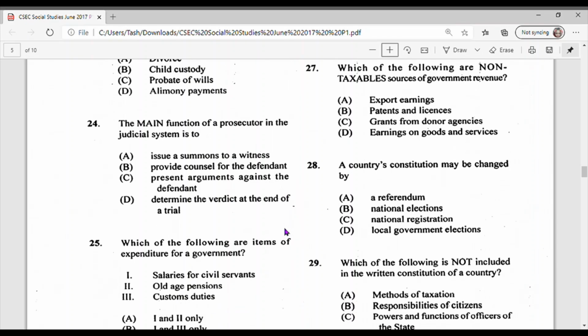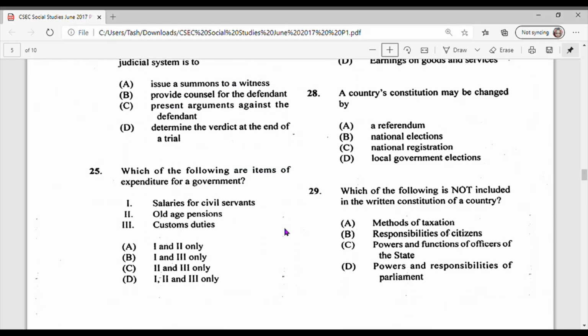Number 25. Which of the following are items of expenditure for a government? So expenditure is money that you are actually spending. So it kind of sounds like the word expenditure, money that you're spending. So salaries for civil servants, yes, the government would have been spending that money because they have to give it to someone else. 2, old age pensions, they also have to spend that money, they have to give it to the people.